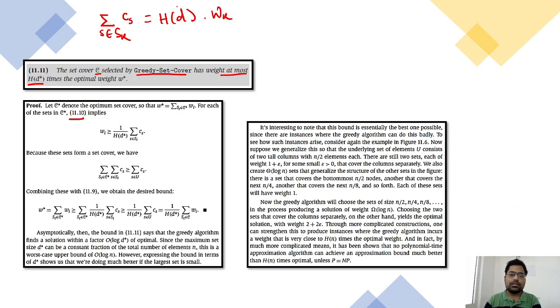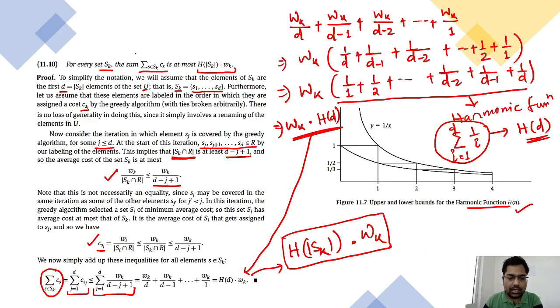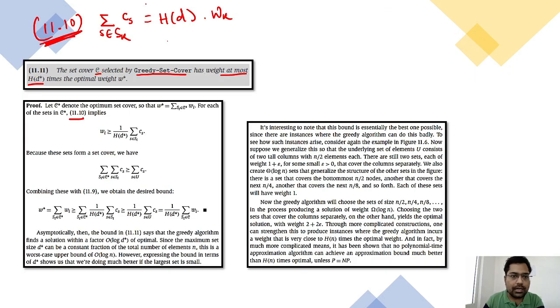That we have focused, this is from 11.10. Next, if I am focusing here on the weight assigned to each, whether it follows our condition or not, it must be greater than or equivalent to. I have forgotten to write this one.